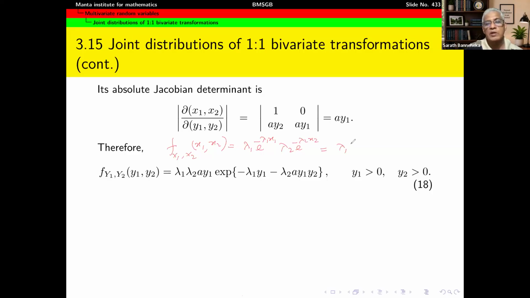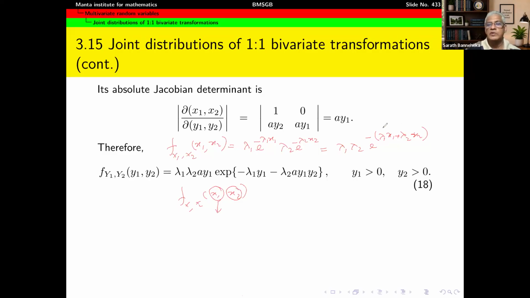So that is lambda1 lambda2 e to the power minus (lambda1 x1 plus lambda2 x2).